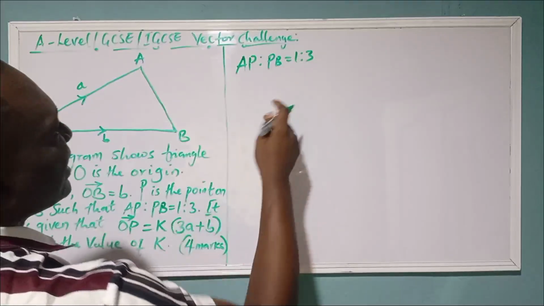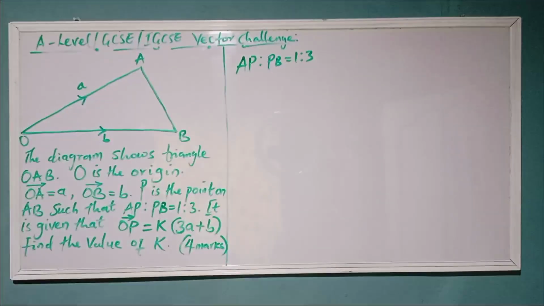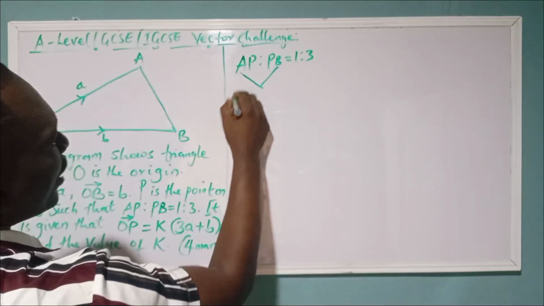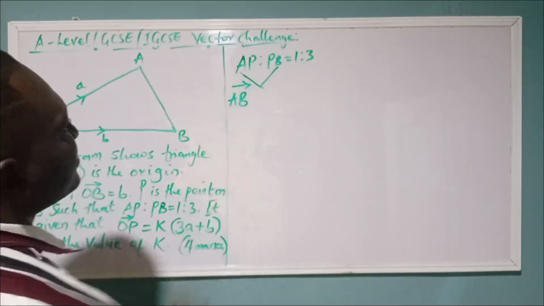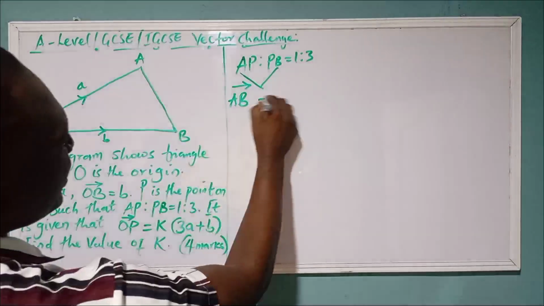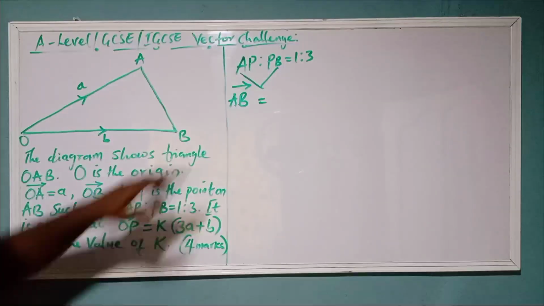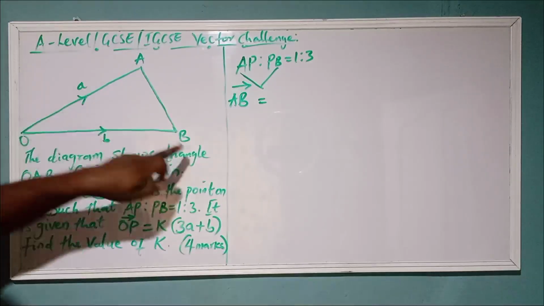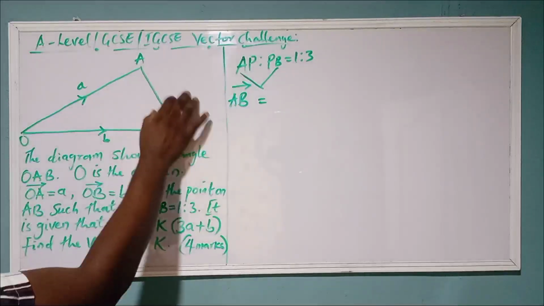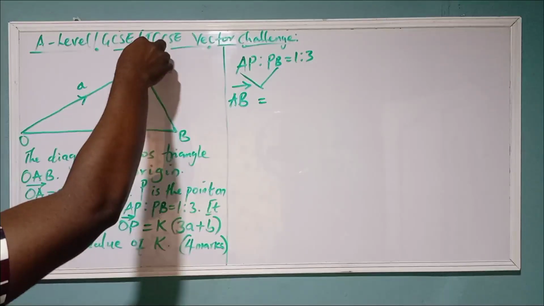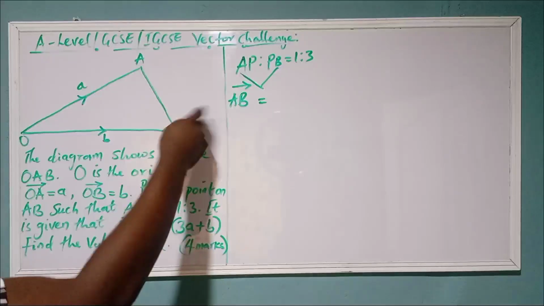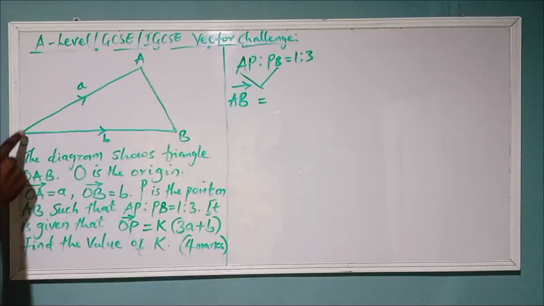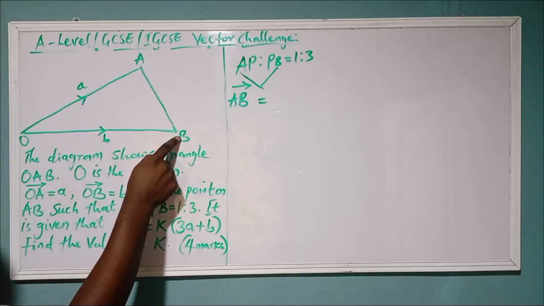Now, this ratio can be gotten with respect to A and B. In calculating vectors, when they say AB, that means you are going to move from A to B. But if you look at this place, there is no vector representation. So you are not just going to jump from A to B here. No, you have to pass from A to O, and then to B. So let's bring out these vectors.